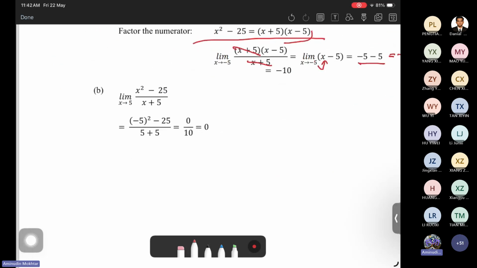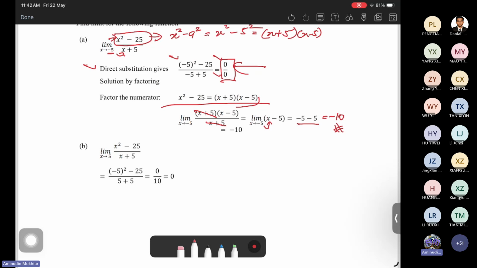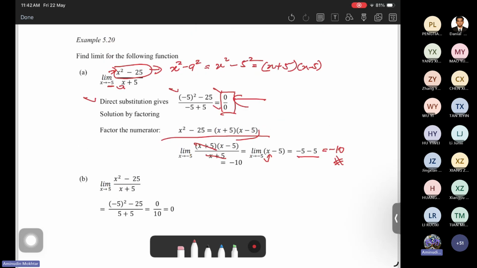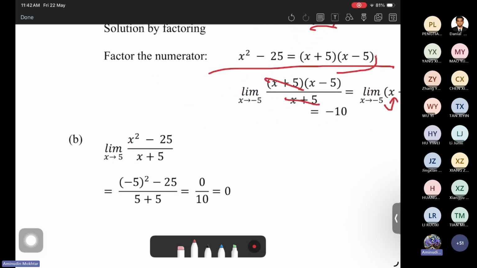But for question B, there is the same equation here: x squared minus 25 divided by x plus 5. But for this case, x approaches positive 5. Based on the rule of limit, we just substitute x equal to 5 into the equation.